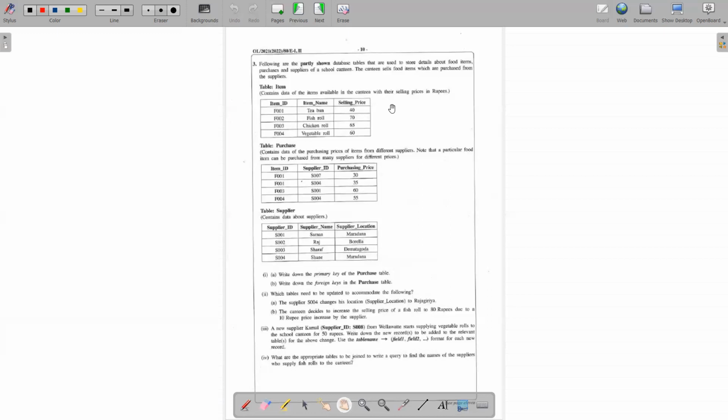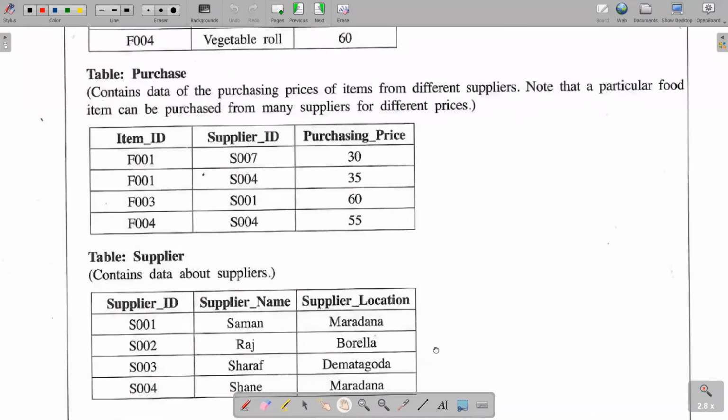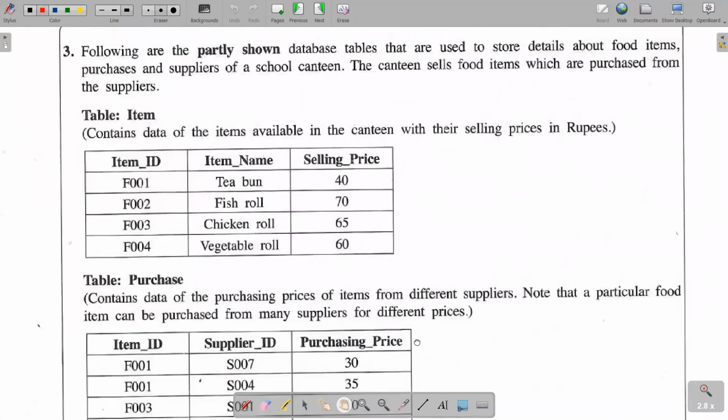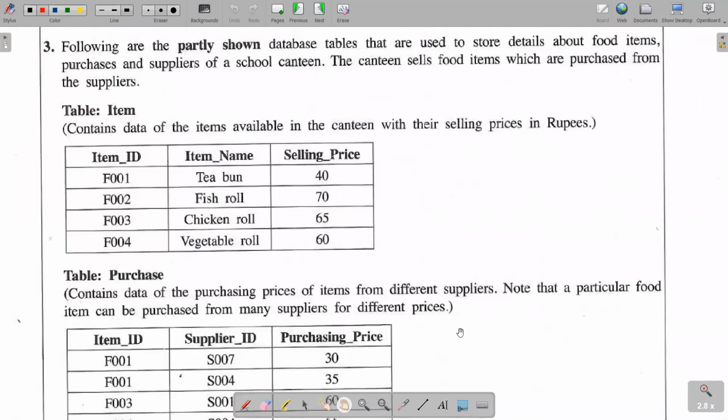Okay, moving to the third question. It says the following are the partly shown database tables that are used to store details about food items, purchasers, and the supply of the school canteen. The canteen sells food items which are purchased from the suppliers.